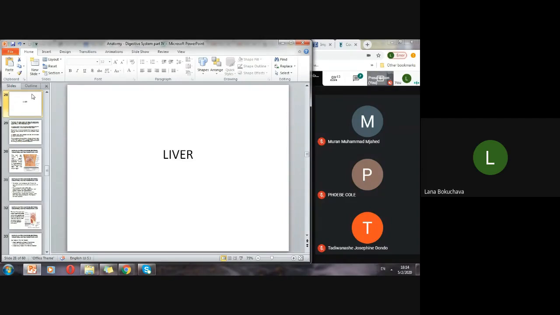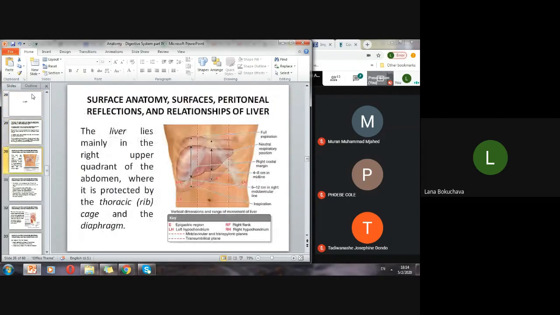Now, according to where the liver is localized, as you can see here, we can subdivide the abdomen in two ways. One way is according to the median plane, the midline, and a transumbilical plane.